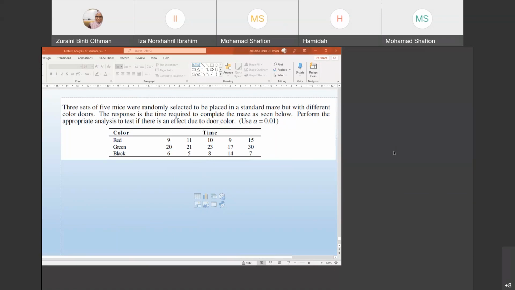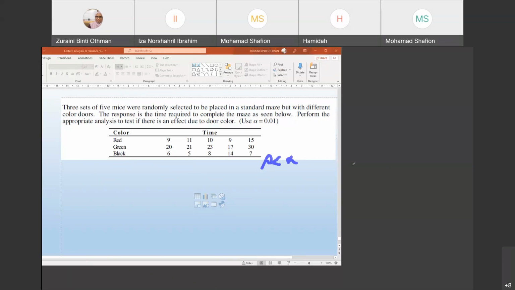Okay, if we use our code in R, we want to test whether our p-value is greater or less than alpha. If we get our p-value less than alpha, what can we conclude?